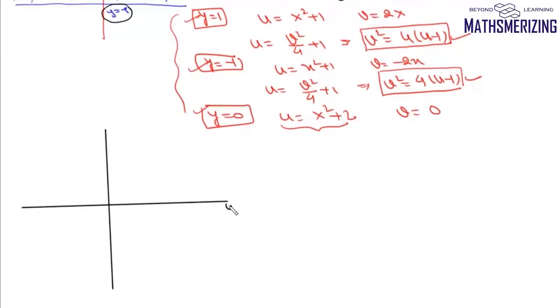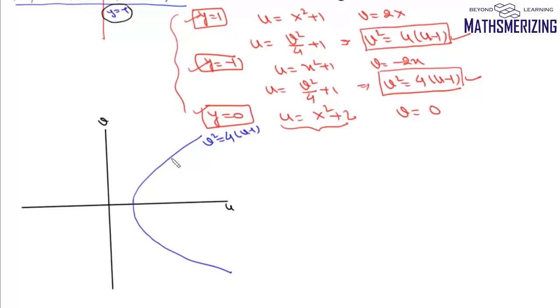Now this is u and this is v. This is of the form y square equals 4ax, so it represents a parabola opening rightwards and shifted 1 unit to the right. So we can draw this parabola as v square equals 4 into u minus 1.